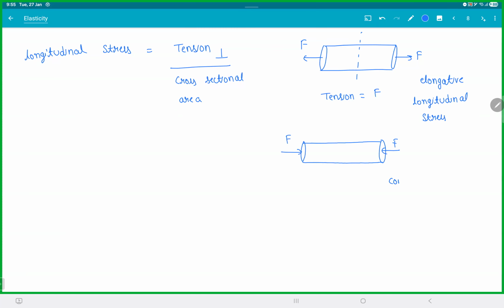This is compressive longitudinal stress. Then first we will talk about longitudinal stress, then we will see shearing stress, then we'll go to volume stress. We'll go one at a time. So longitudinal stress is the biggest one.